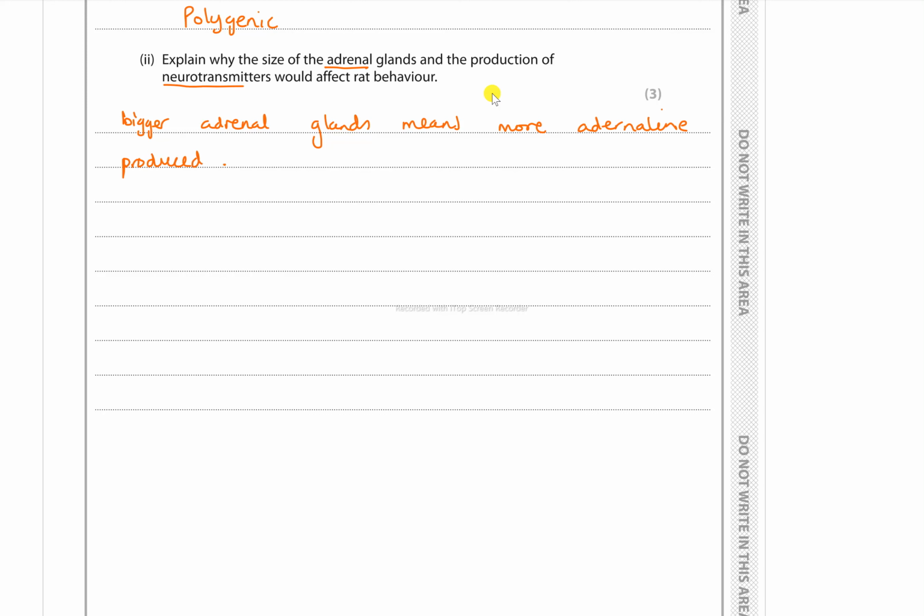So this means that the heart rate goes up, the pupils dilate, and there's more oxygen for aerobic respiration for the muscles.